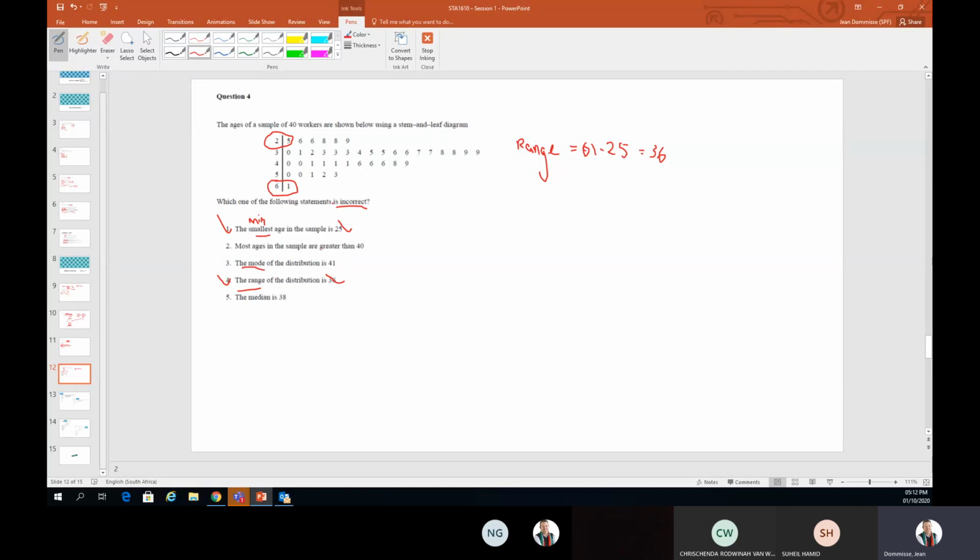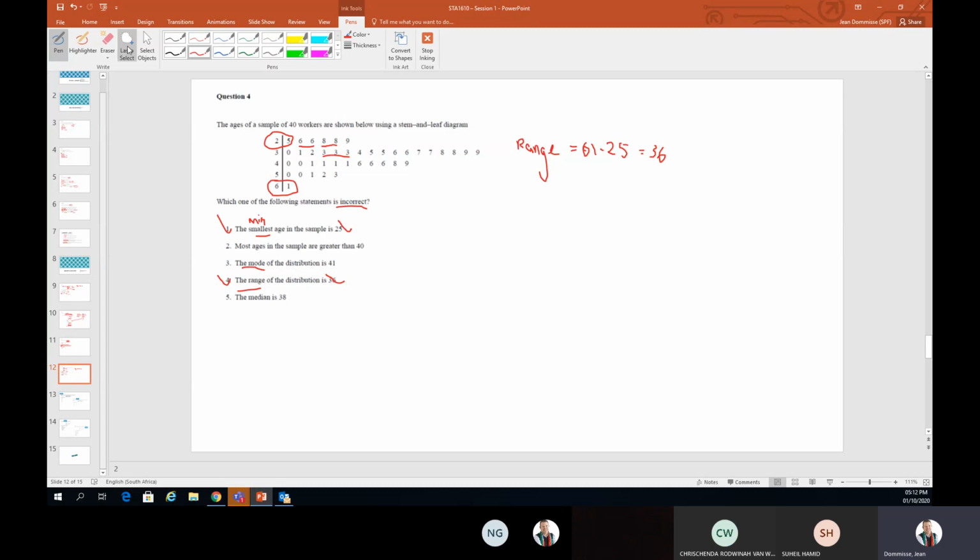So the mode is the number that happens the most, or the most frequent. So let's look. 26 is happening twice, 28 is happening twice, 33 is happening 3 times.